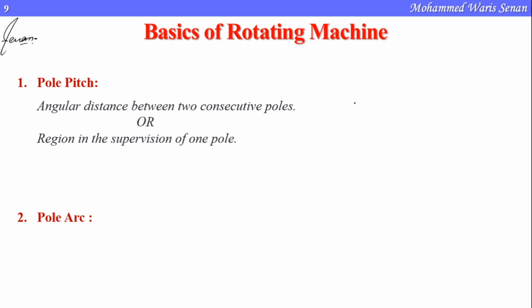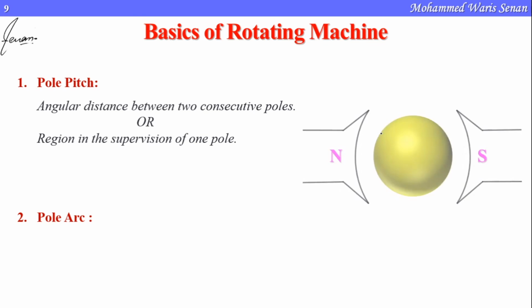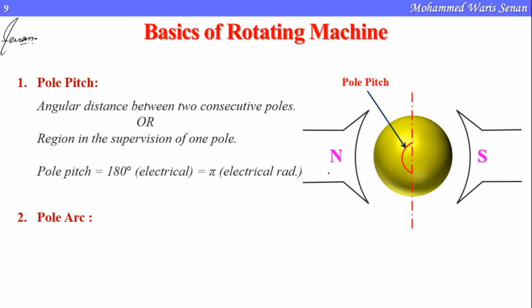So how can you calculate this pole pitch? Let us take an example of a 2 pole machine, and this is the Q axis. The pole pitch in this case is this angle, which is equal to 180 degrees.